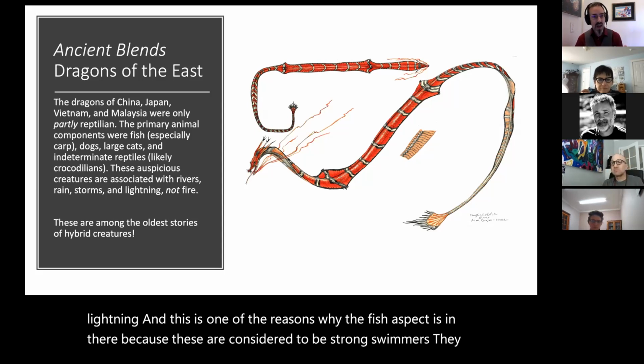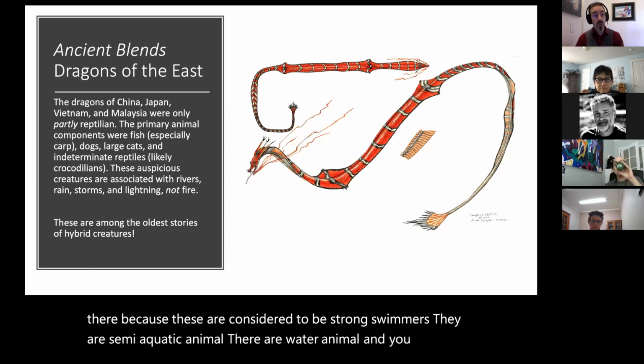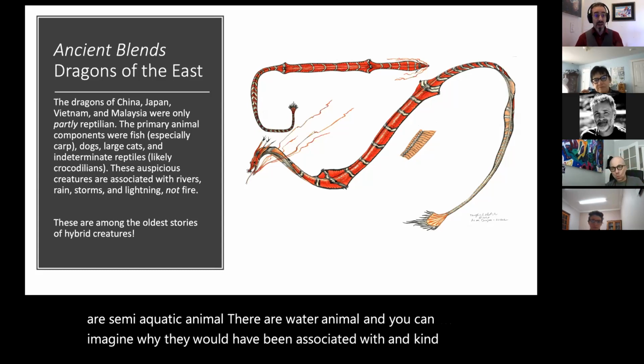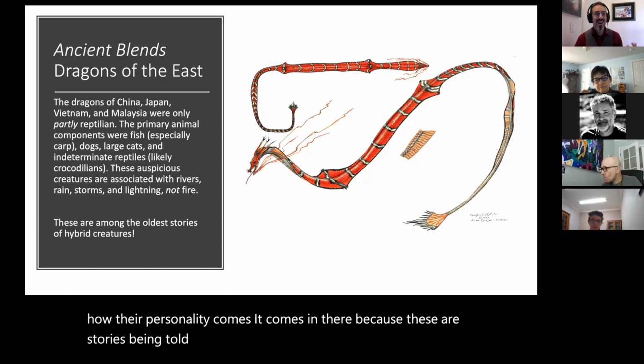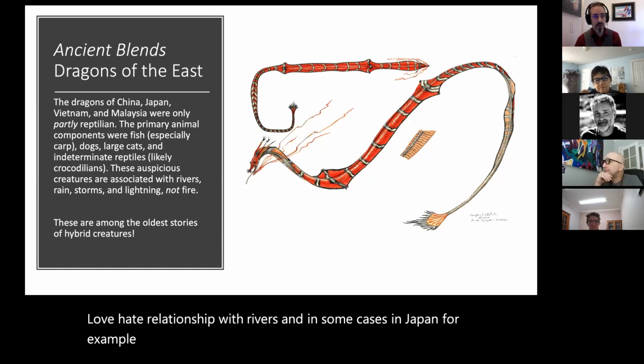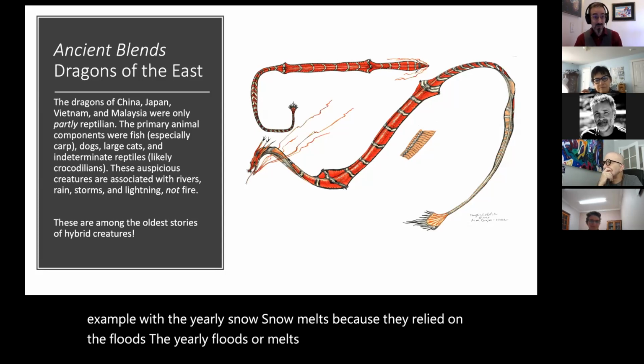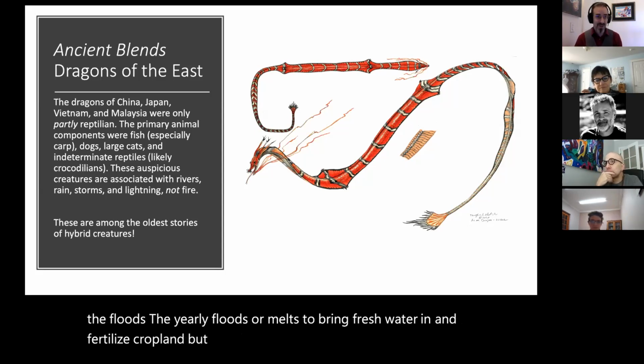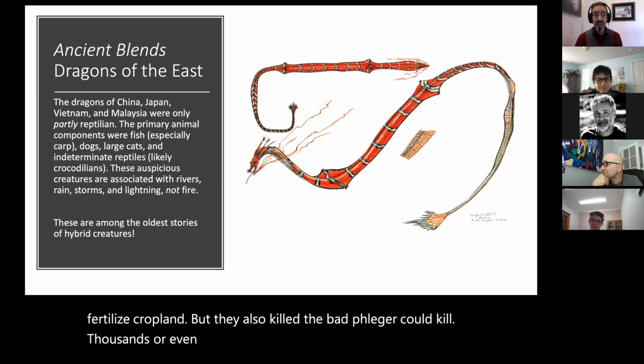These stories were being told by cultures that had a love-hate relationship with rivers, and in some cases, in Japan for example, with the yearly snow melts, because they relied on the yearly floods or melts to bring fresh water in and fertilize croplands, but they also killed. A bad flood year could kill thousands or even millions of people, or destroy a harvest.